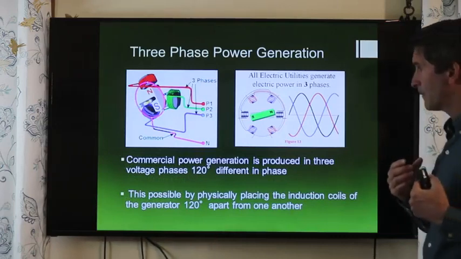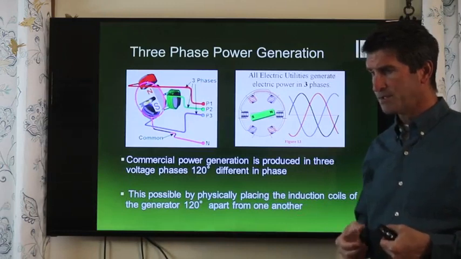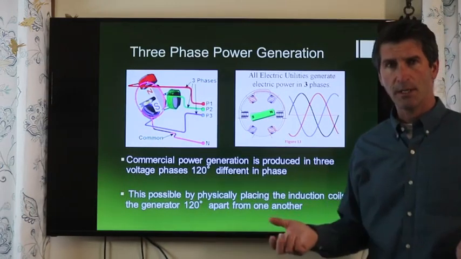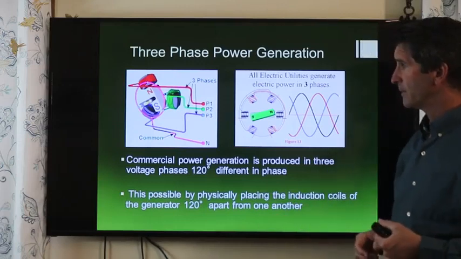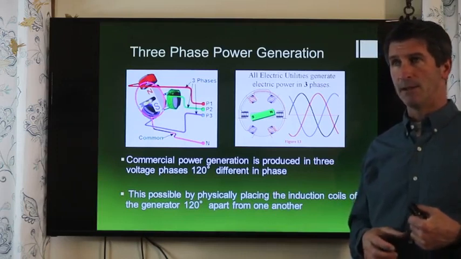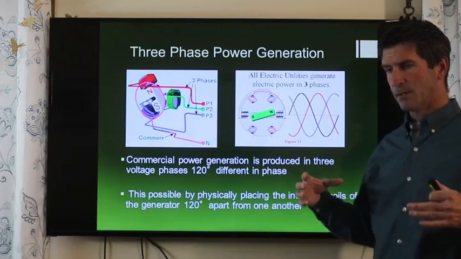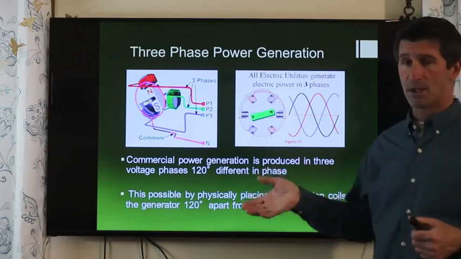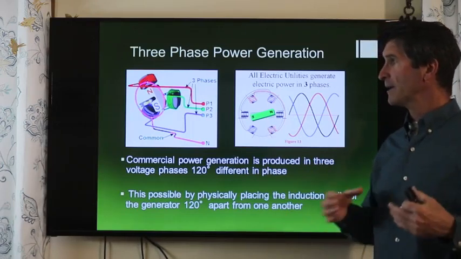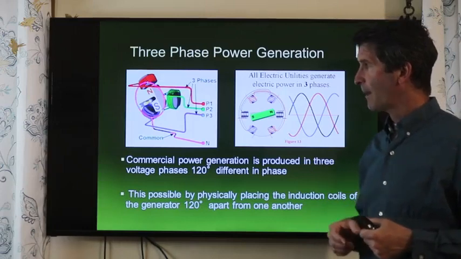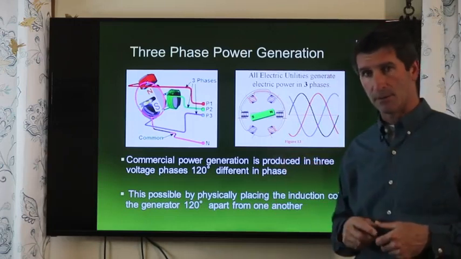Now, for most electrical consumers in the home, you'll typically use 120 single pole or 240 double pole electricity, and in that case, basically the voltage is oscillating back and forth, and that tends to give you a maximum torque in some locations of the rotation and not in other locations.